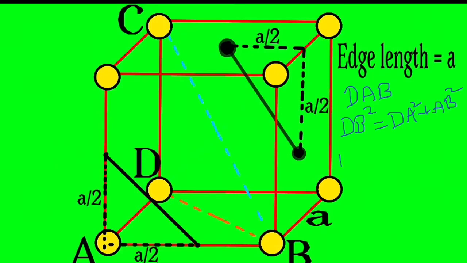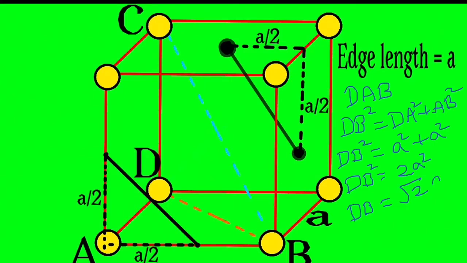Now DB square is equal to, DA is nothing but the edge length, so A square plus A square. So DB square is equal to 2A square. So DB is equal to root 2A.